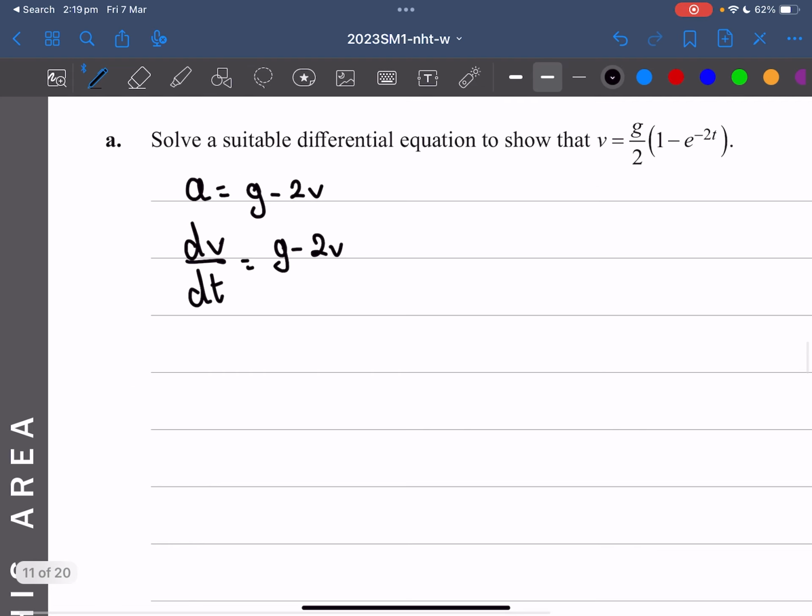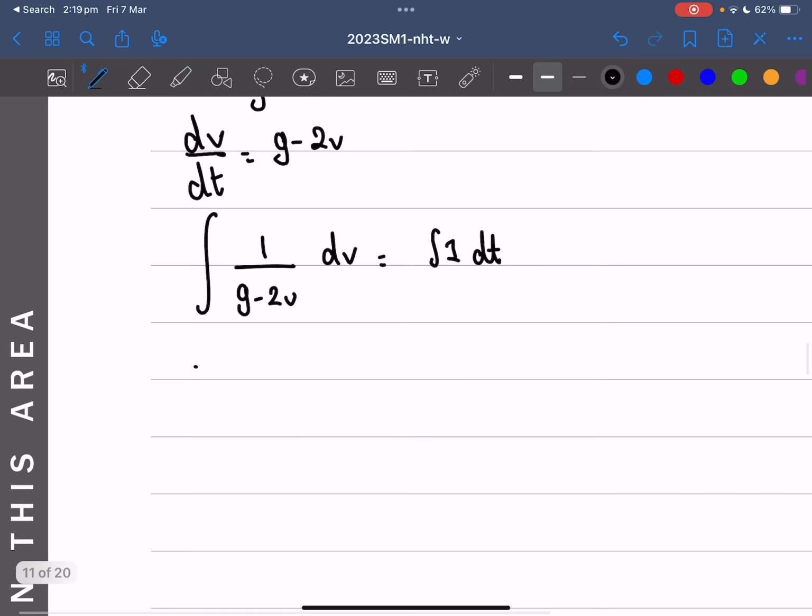And then we have to collect the like terms, so it will just be 1 over g minus 2v dv is equal to the integral of 1 dt, right? So let us integrate this. So this will become 1 on 2 log base e of g minus 2v plus c1 equals t plus c2.